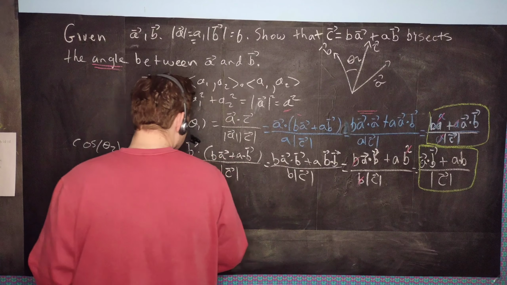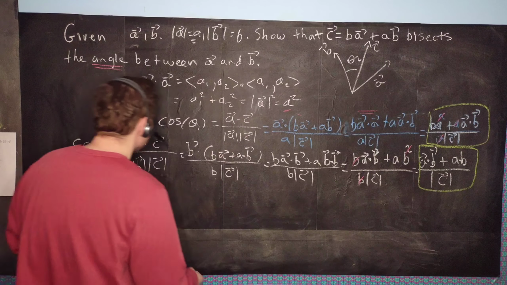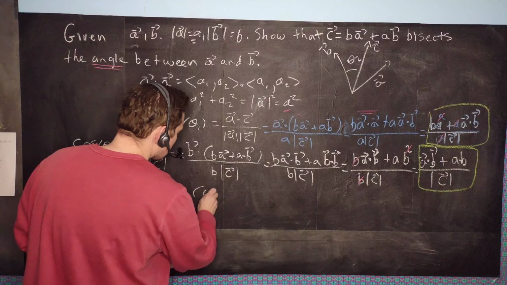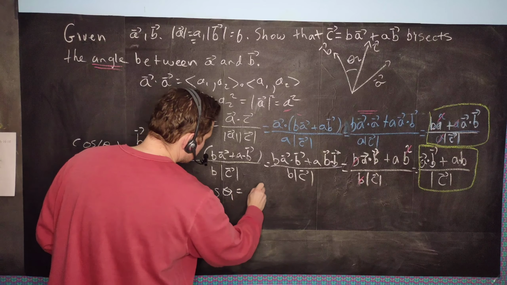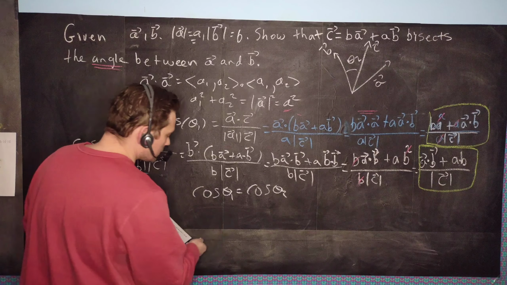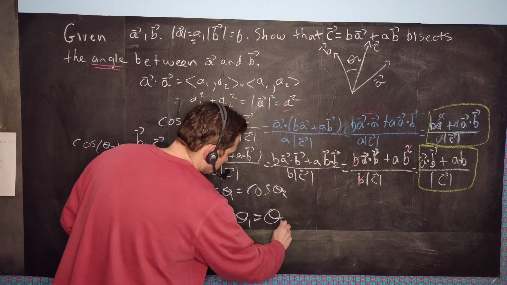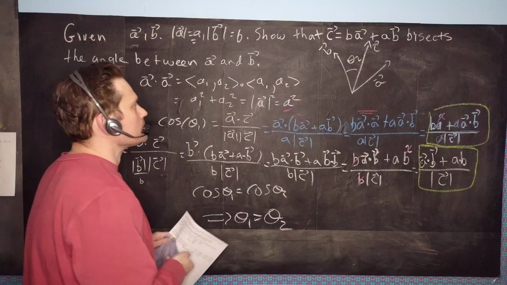So the only conclusion we can reach, based on all of this, is that cosine of theta 1 is equal to cosine of theta 2, which of course then implies that theta 1 equals theta 2, which answers our question.